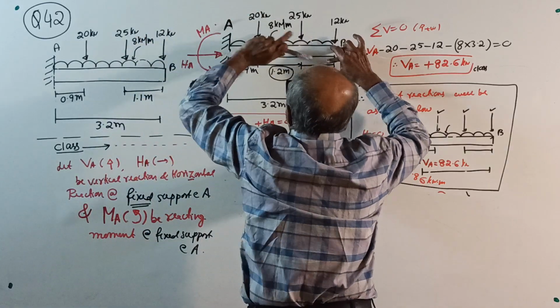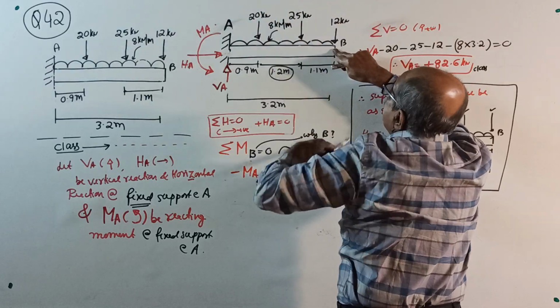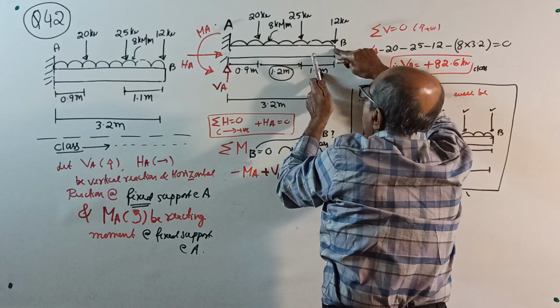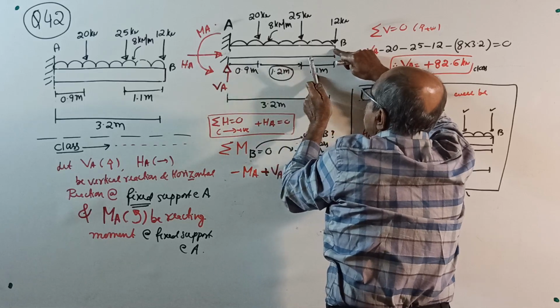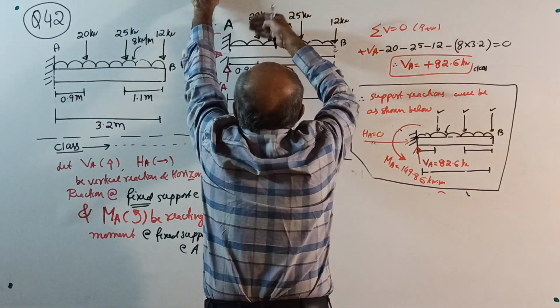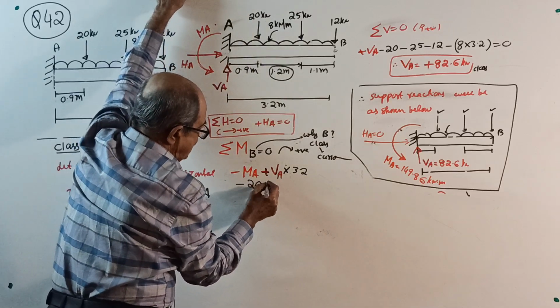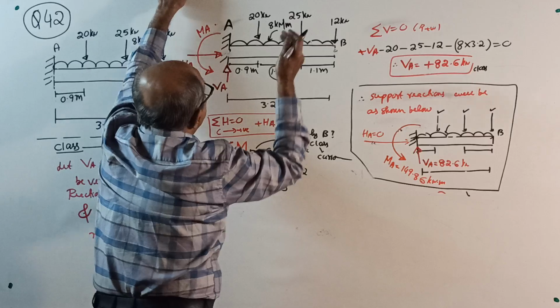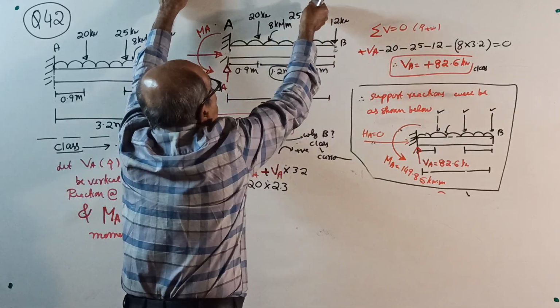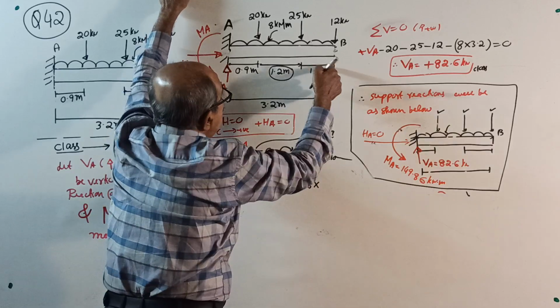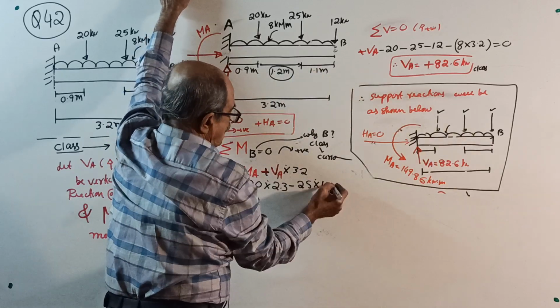Then minus 20 into 1.2 plus 1.1, which is 2.3. Minus 20 into 2.3. Then moment about B, minus 25 into 1.1.